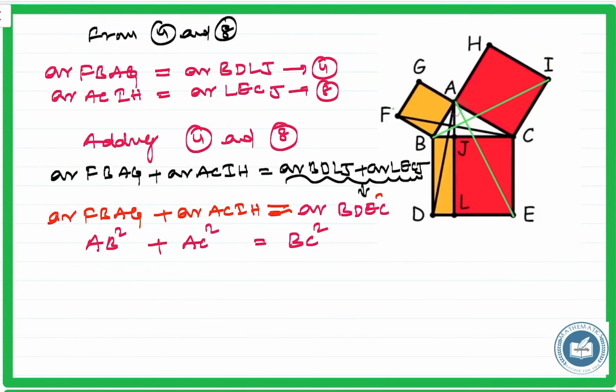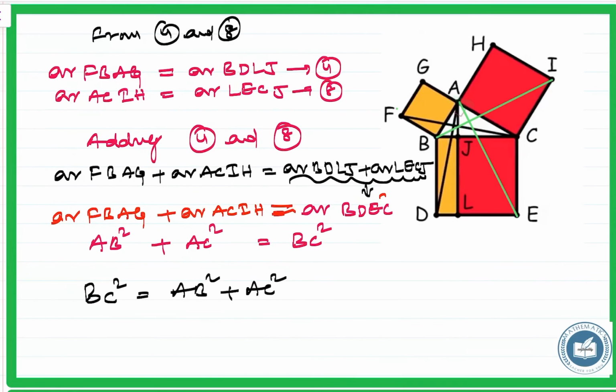Therefore BC square is equal to AB square plus AC square. It means the square of the hypotenuse is equal to the sum of the squares of the other two sides. Therefore, this theorem is proved.